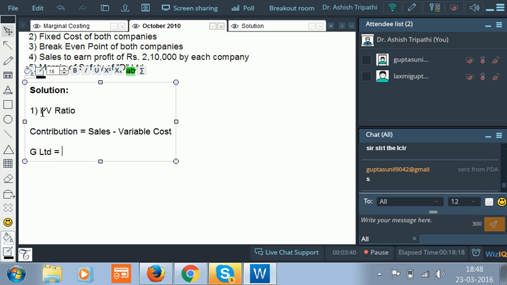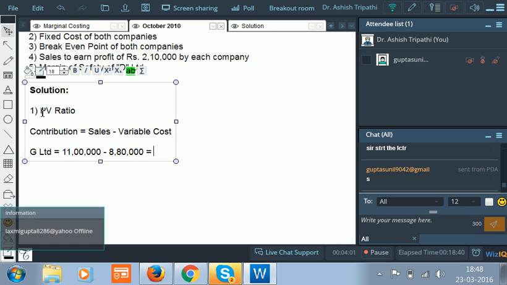What is the sales of G Limited? 11 lakhs. What is the variable cost of G Limited? It is 8 lakh 80,000.